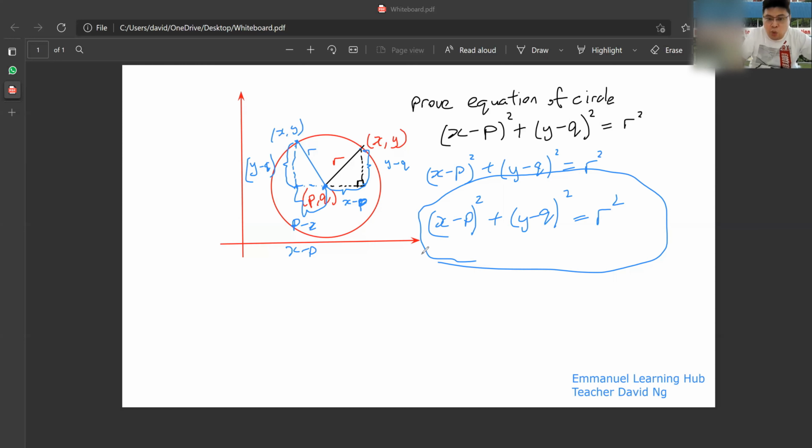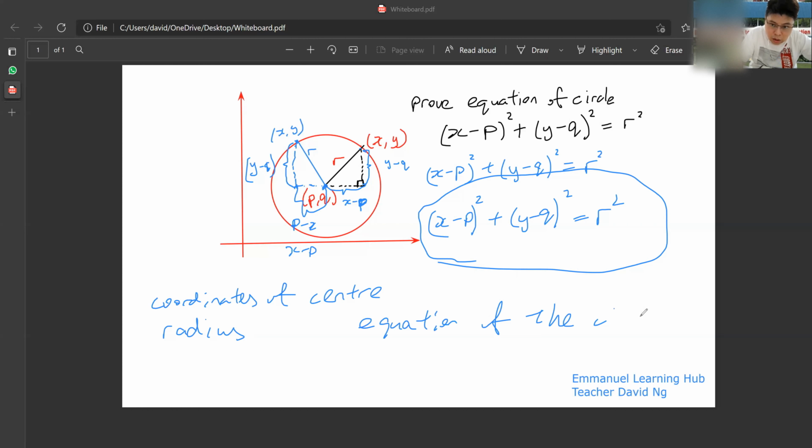So in other words, for any circle, if you have the coordinates of the center, and the coordinates of one point on the circle, and you have the radius, you will have the equation of the circle. Wait, but don't you need to know what is x and y? No need. x and y is the x and y here. p and q is the center of the circle.